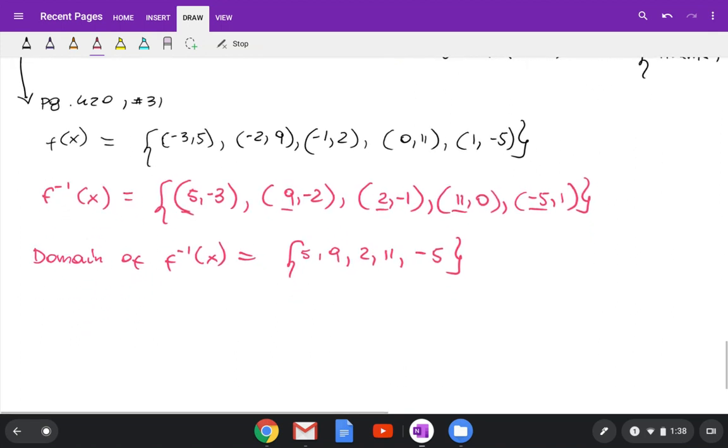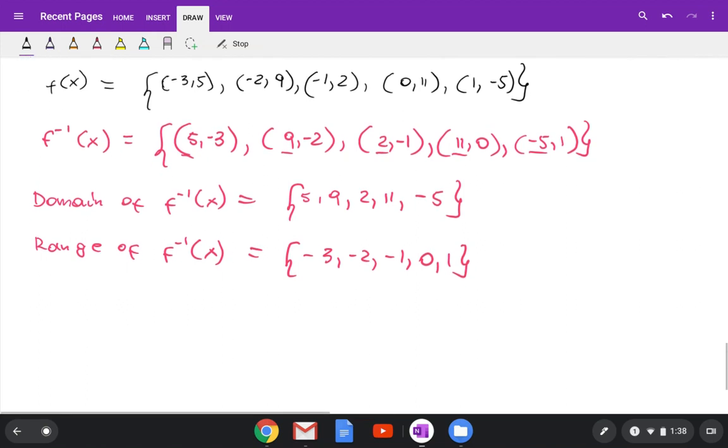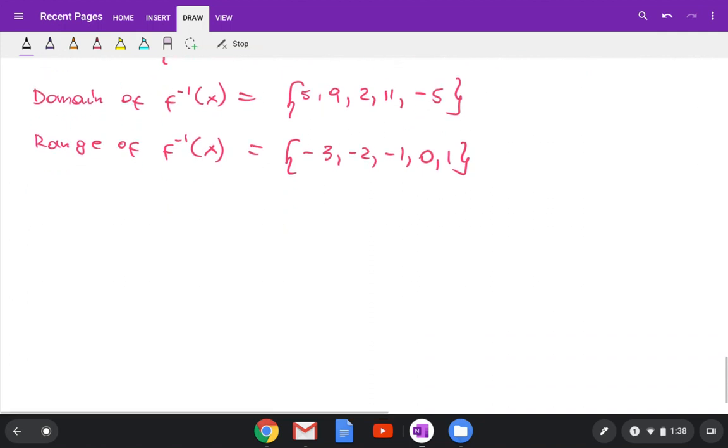I don't think my MATLAB will ask you to put them in order. Range of inverse, just list the y coordinates. So it's -3, -2, -1, 0, 1. Okay, I think that's enough from those type of problems. More theorems. So let's just move on.